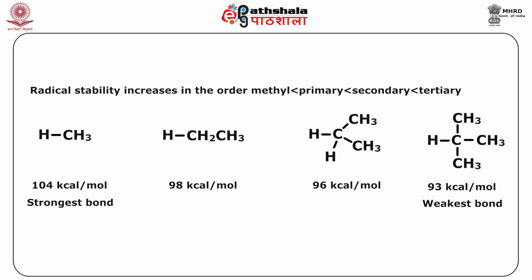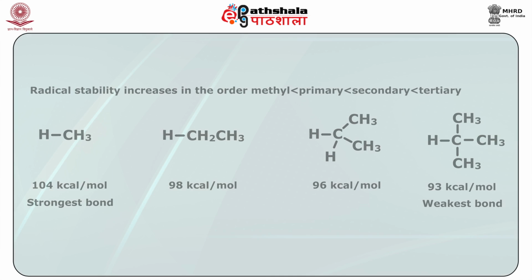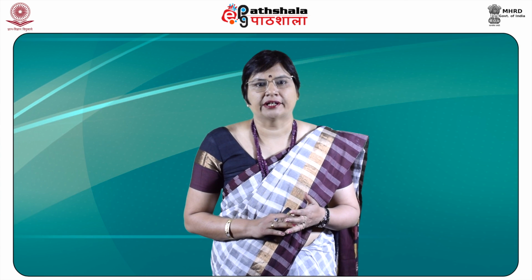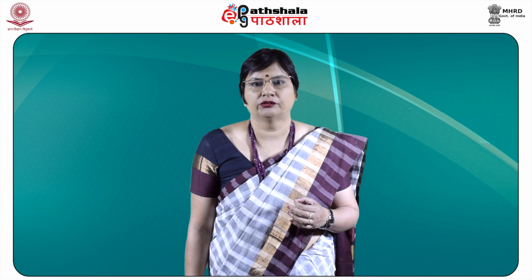So, this is the trend you can see here, and this is also reflected in the strengths of allylic CH bonds, which are weaker than normal due to the fact that a resonance stabilized free radical is produced. So, the allyl free radical will be more stable out of these primary, secondary, tertiary, allyl and benzyl.